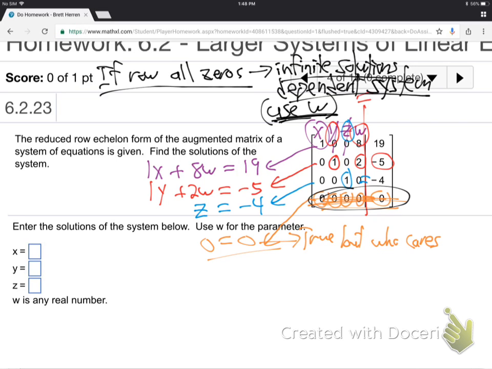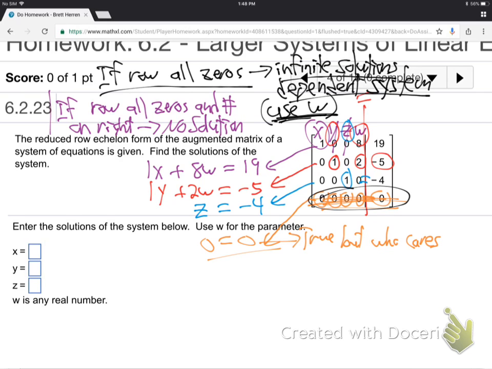Vice versa, if a row has all zeros and a number on the right, that's no solution. That was the quiz question. Everybody see the difference?